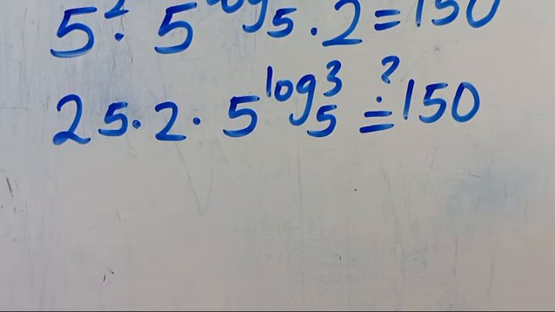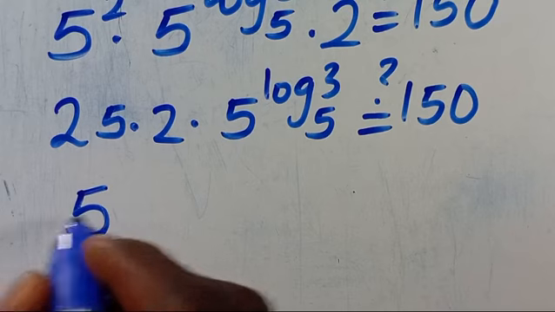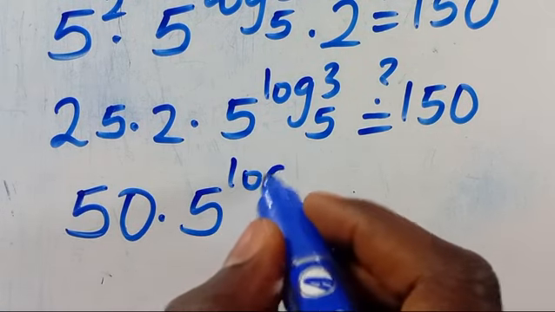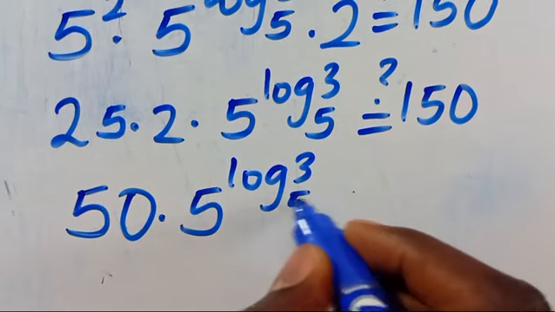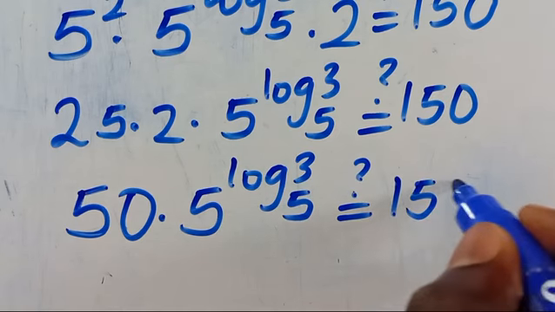25 times 2 will give us 50 multiplied by 5 to the power of log 3 in base 5. Then it's going to give us 150.